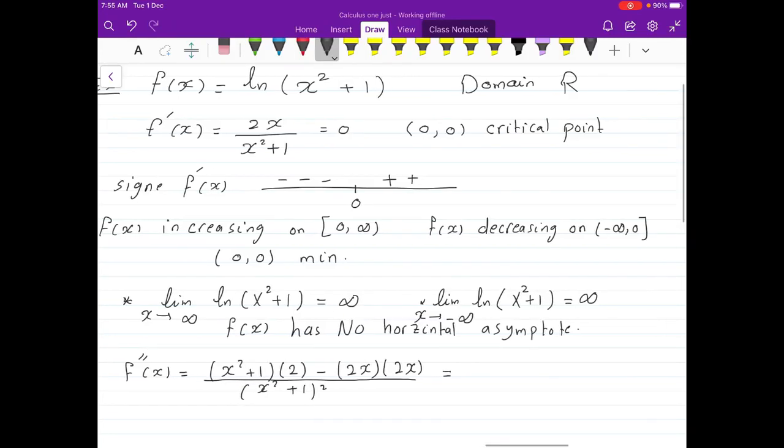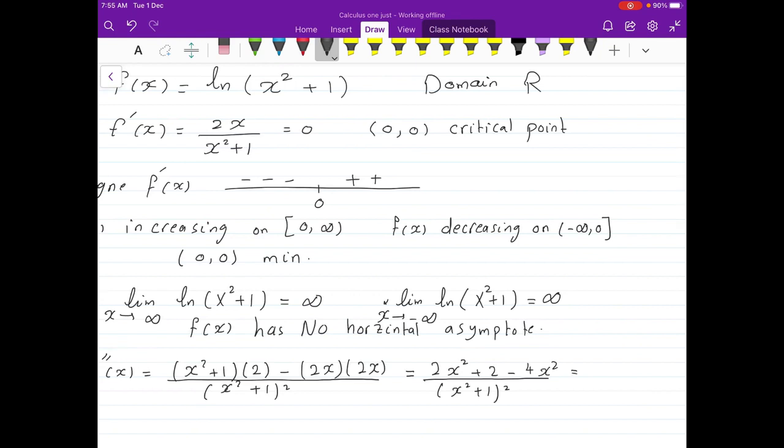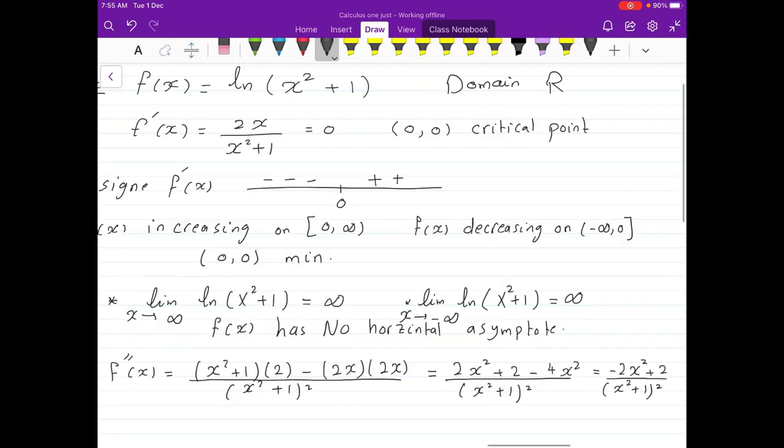So this is equal, simplify, 2x squared plus 2 minus 4x squared over x squared plus 1 squared. This is equivalent to minus 2 times x squared minus 1 over x squared plus 1 squared.